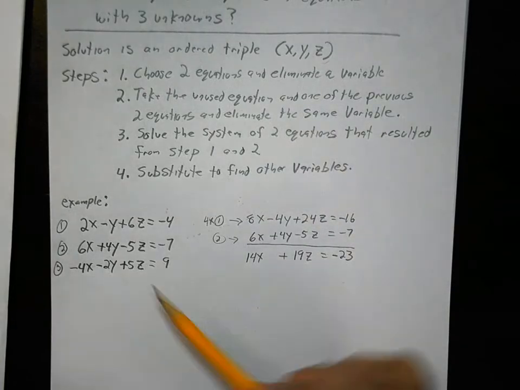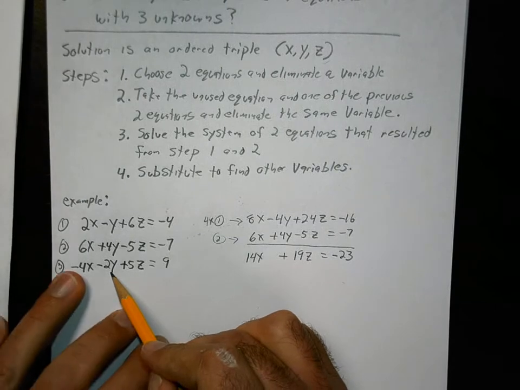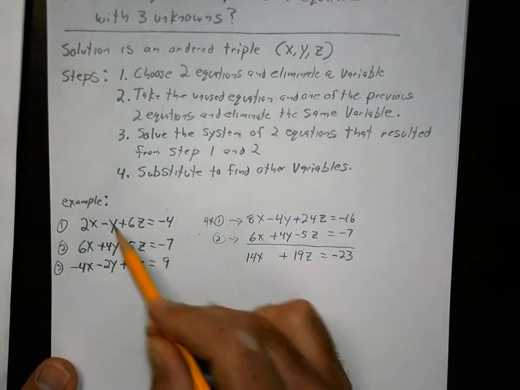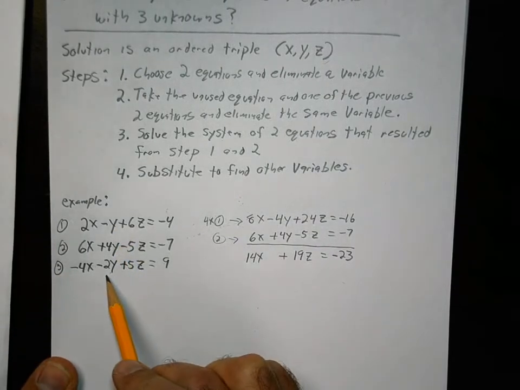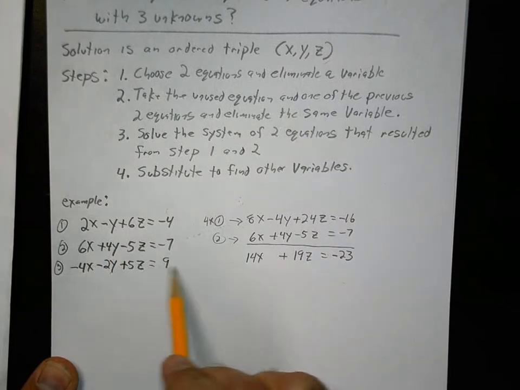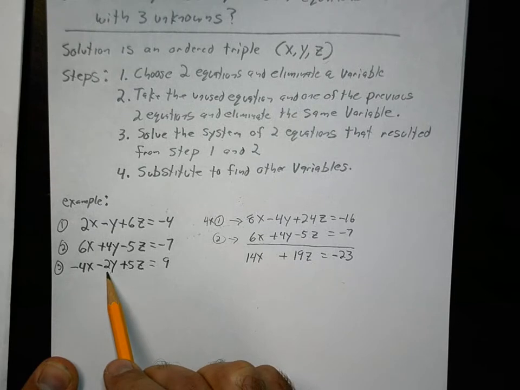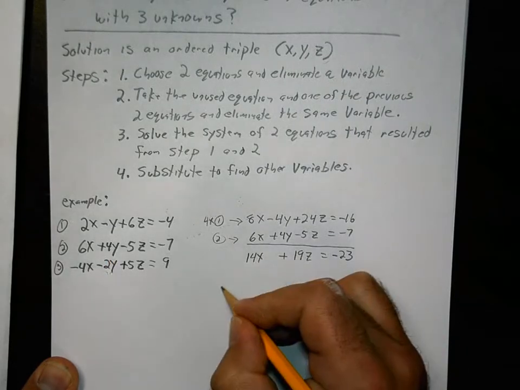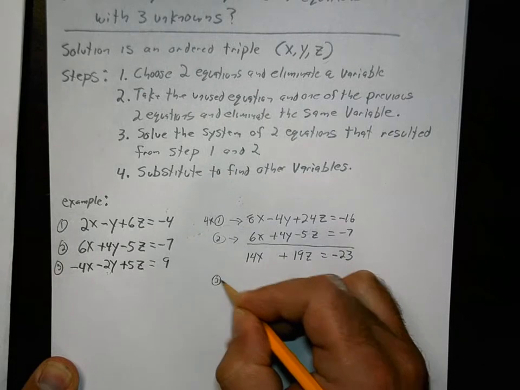Looking at this, if I need equation 3, I could use either one of these two equations, so let's just use equations 2 and 3. I could multiply equation 3 by 2 in order to get an opposite here. So let's do that. Here, let's rewrite equation 2.